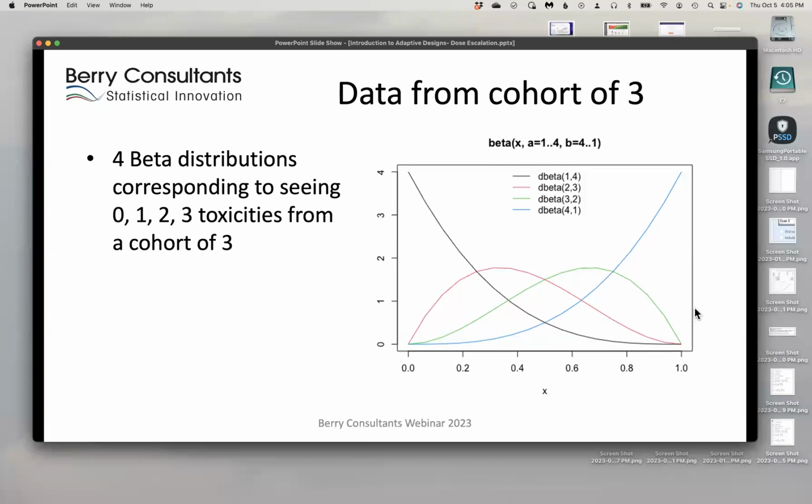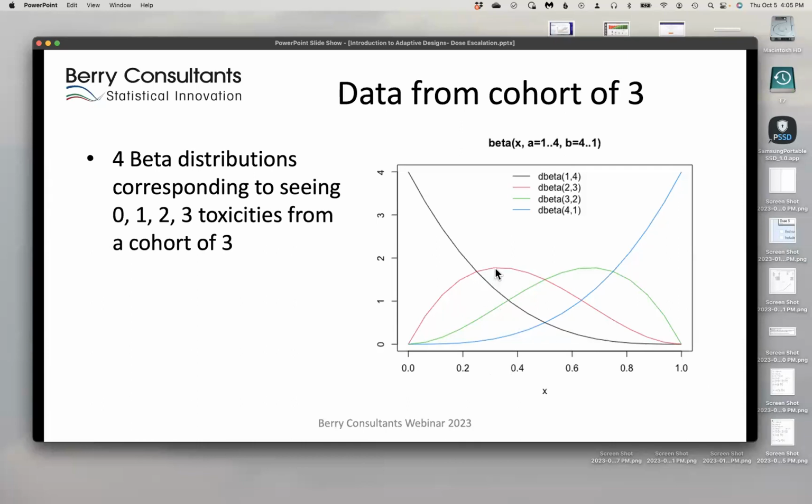And here in this graph, you can see the resulting beta distributions from having seen 0, 1, 2, or 3 toxicities. These represent our probability distribution of what the toxicity rate is on the dose that's just been tested, here on the x-axis.